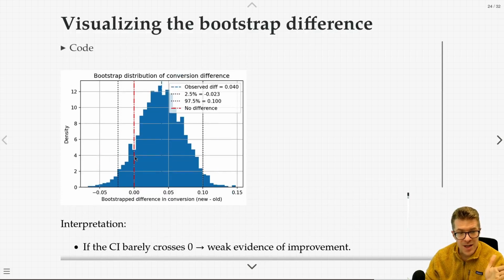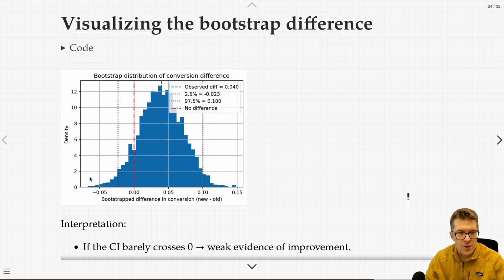A still substantial amount of the time, given all of our 4,000 samples, the old page actually performed better than the new page. So it's not perfectly unambiguous that the new page is better than the old page. This seems obvious, so I don't want to hammer this home too much, but it speaks to a deeper underlying aspect of doing data science versus making other forms of weaker decisions.